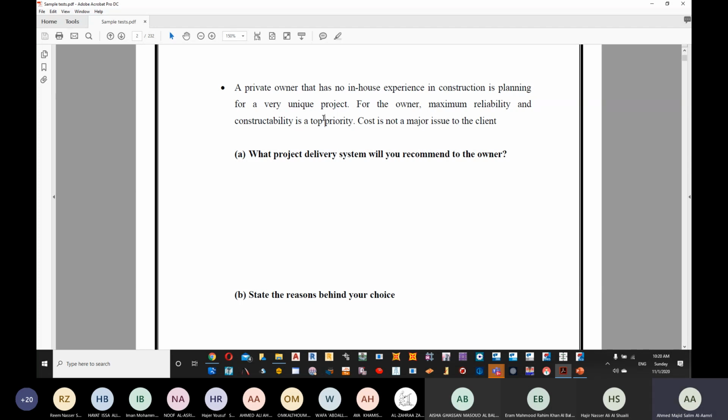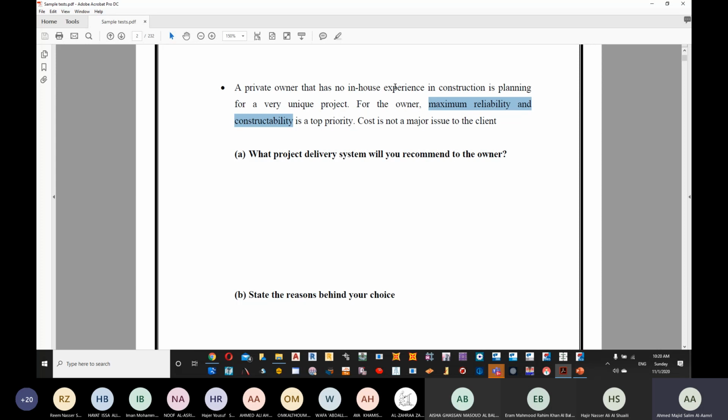Okay. So if you go and see here, we need to understand the meaning of maximum reliability and constructability. Now, in which method do you feel that we will not have issues in terms of construction, in terms of mistakes in the design? Your design is reliable and constructible.